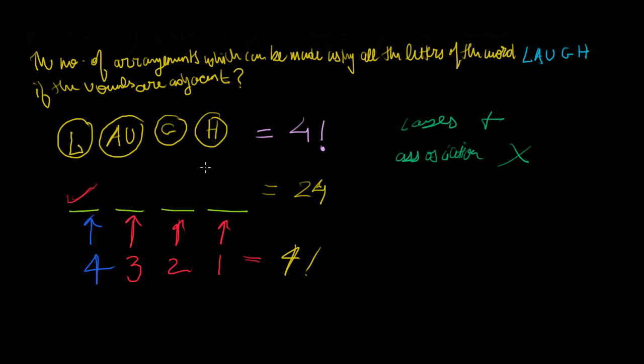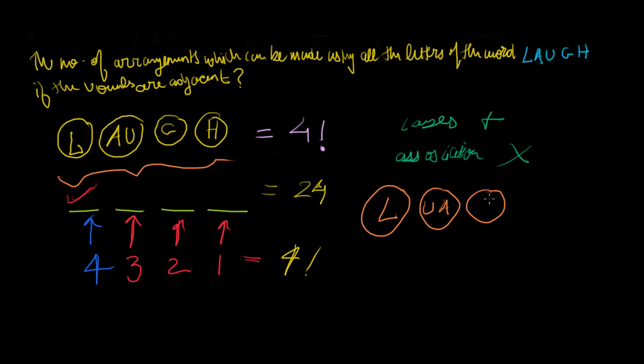So you would think that this is the final answer, but not quite, because what I can do is make these 4 objects like this: L, and instead of AU I can put UA, right? That is also a distinct object.